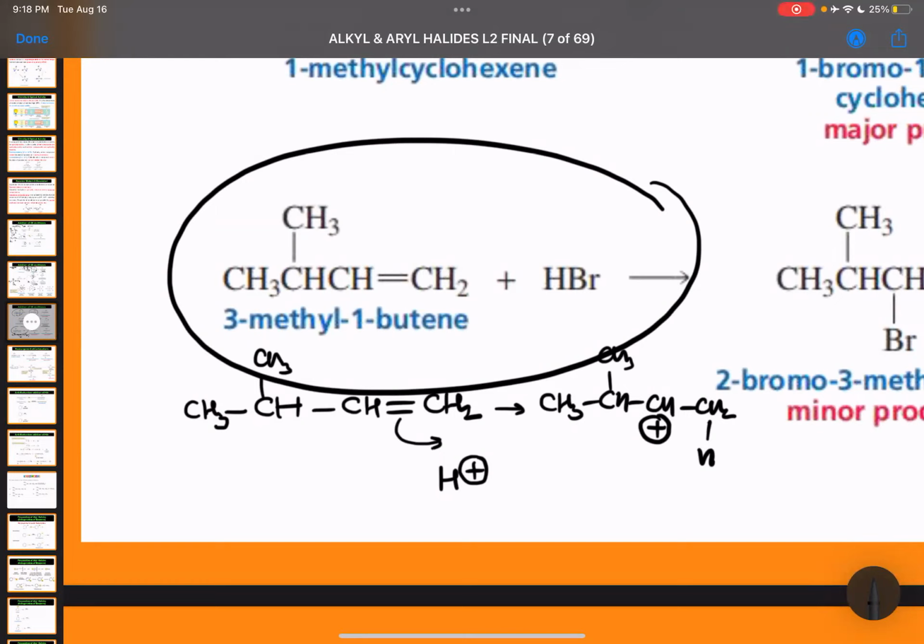Means if the carbocation is formed on this carbon, it can get shifted to the neighboring carbon atom if it is becoming more stable. But this will happen only if there is an increase in stability, then only it will happen.